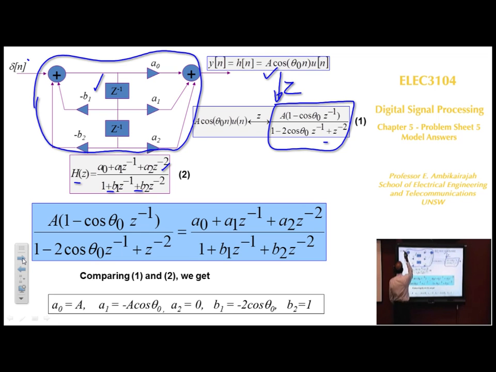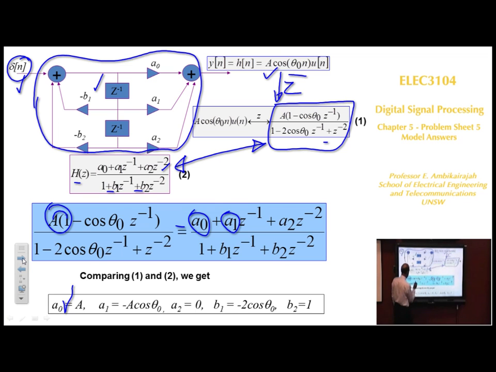Now when I give the x as delta, I must get this. That means these two transfer functions must be the same. They are identical. What does that mean? Coefficient A0 must be equal to that multiplied by that A. So that's done.